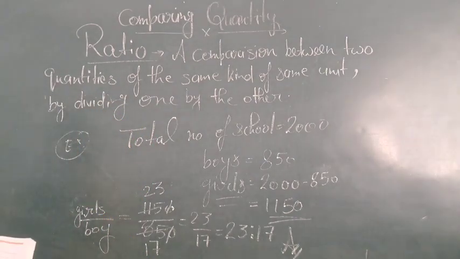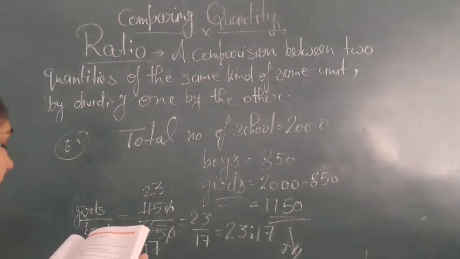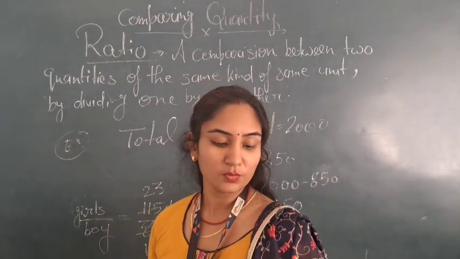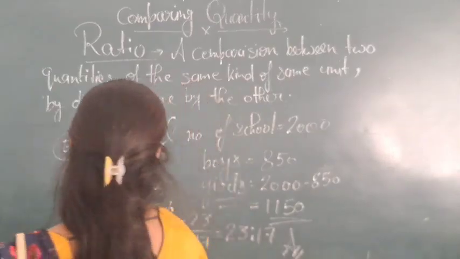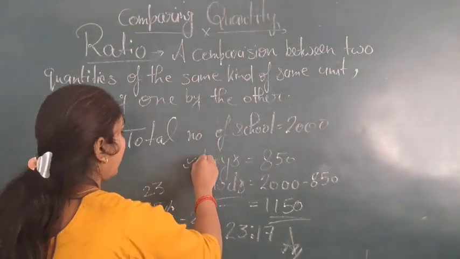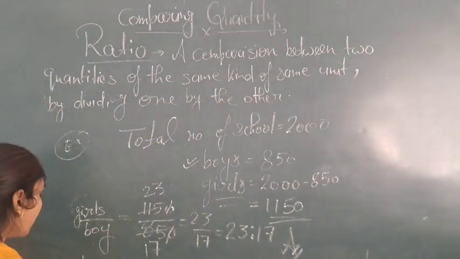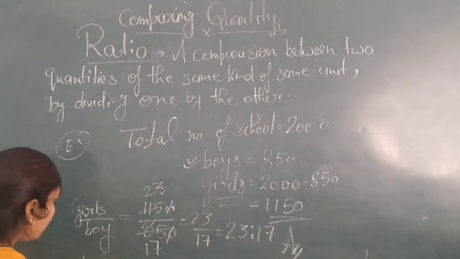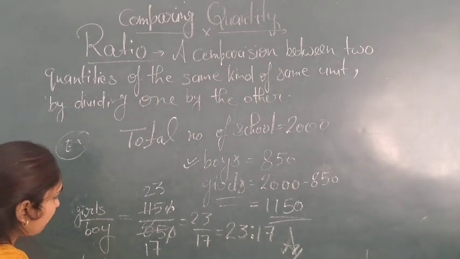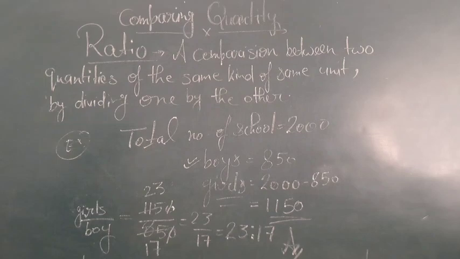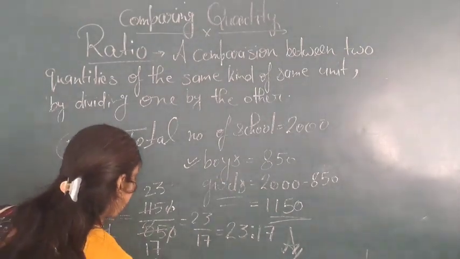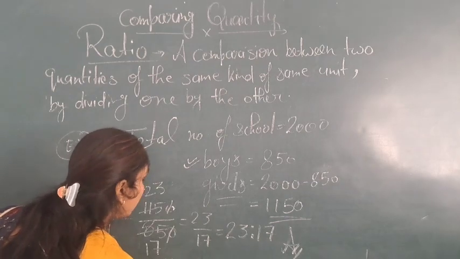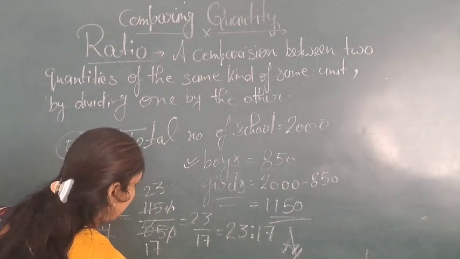Got it? Now, if we find the ratio of the number of boys to the total number of students, how can we find it? The number of boys is 850 and the total students are 2000.